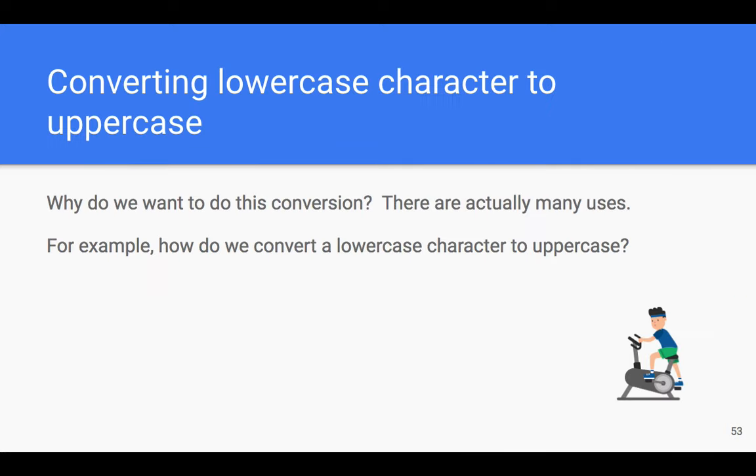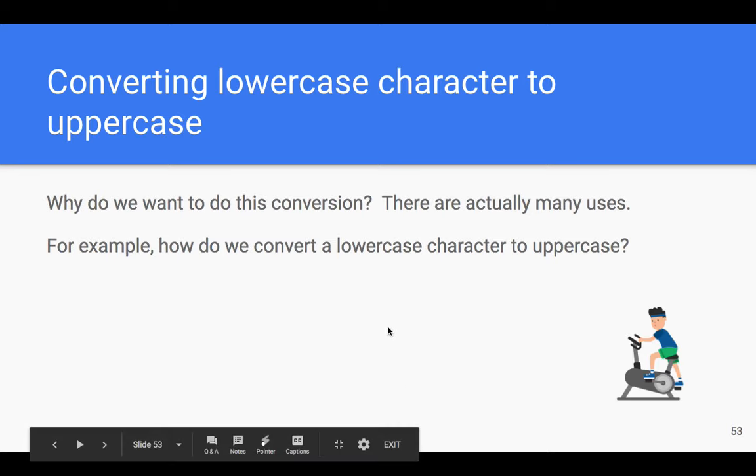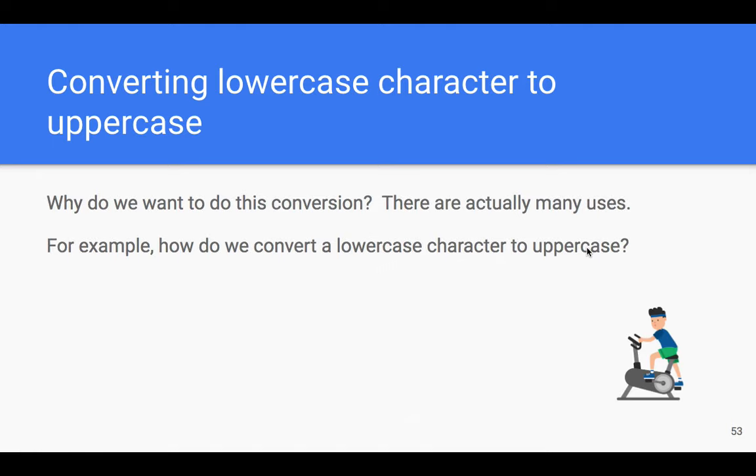Now, why do we care about the conversion between characters and ASCII codes? There are actually many uses for that. One example is how do we convert a lowercase character into its uppercase equivalent, such as how do I convert a lowercase a to an uppercase A?